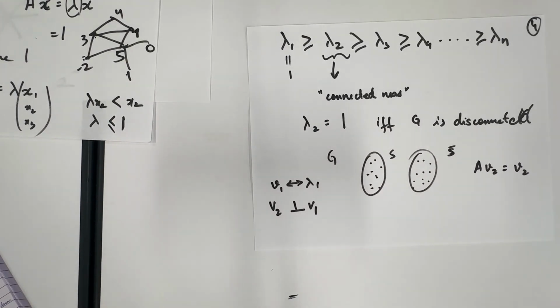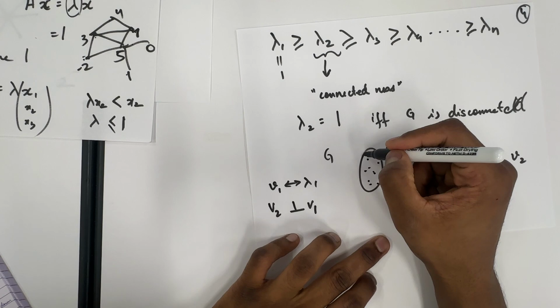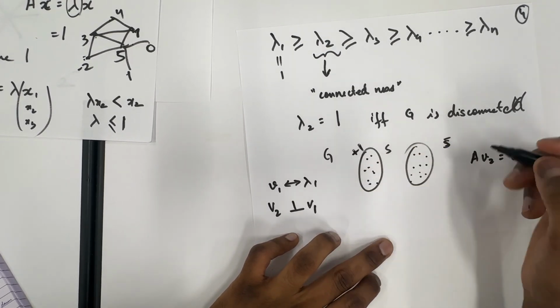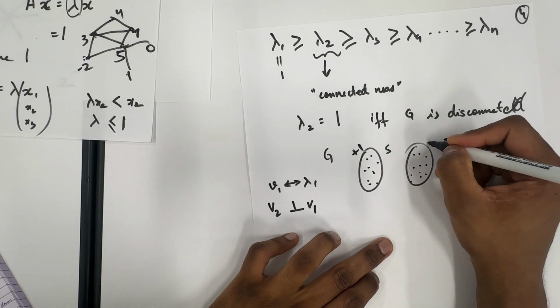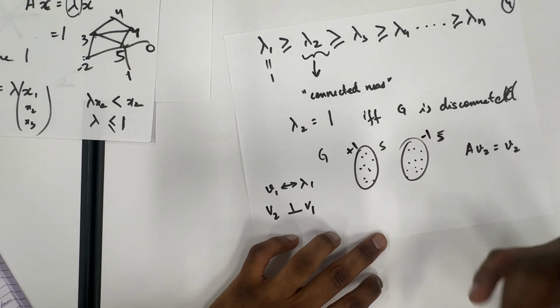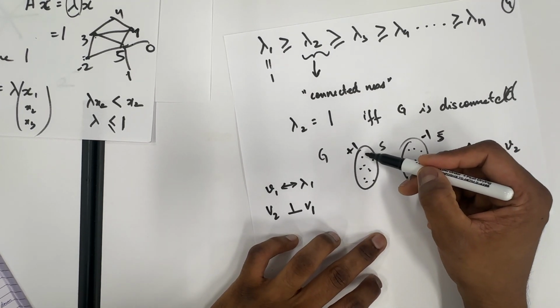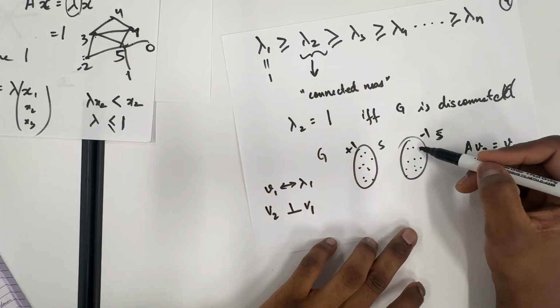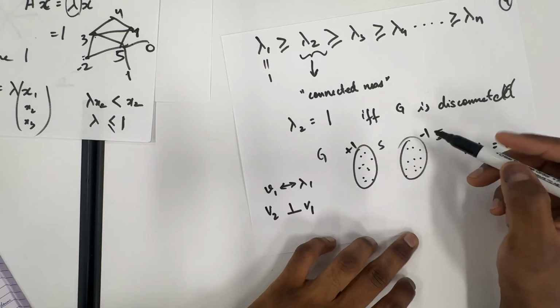Now here's the interesting thing. Let's say I assign all the vertices of this side as plus 1, and all the vertices of this side as minus 1. Now you can intuitively see what would happen if I take the average of all the vertices here, it will remain 1, and if I take the average of all the vertices here, it will remain minus 1.